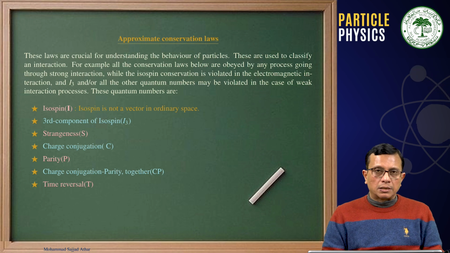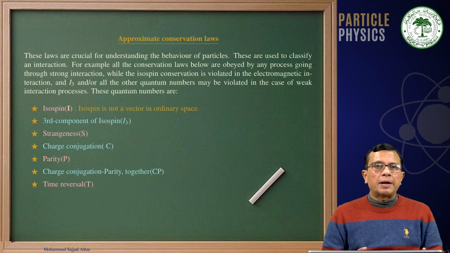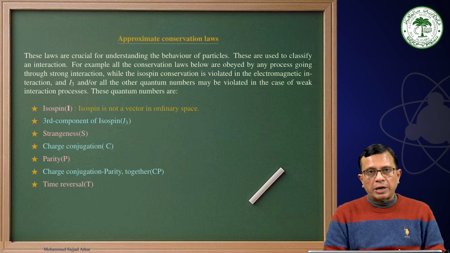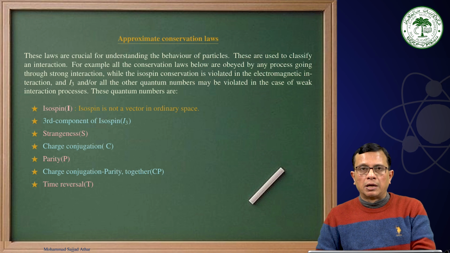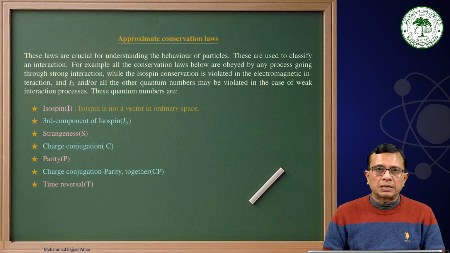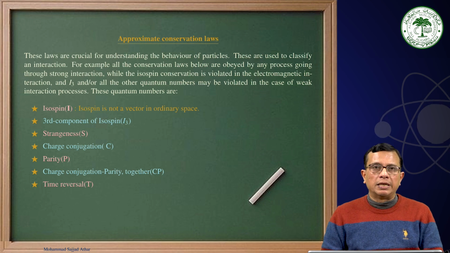Now, these laws were introduced to understand processes and to classify them into electromagnetic interaction, strong interaction, or weak interaction processes. But mind it, first of all, if I have been given any process, first we will check energy conservation, lepton number conservation, baryon number conservation, and charge conservation.